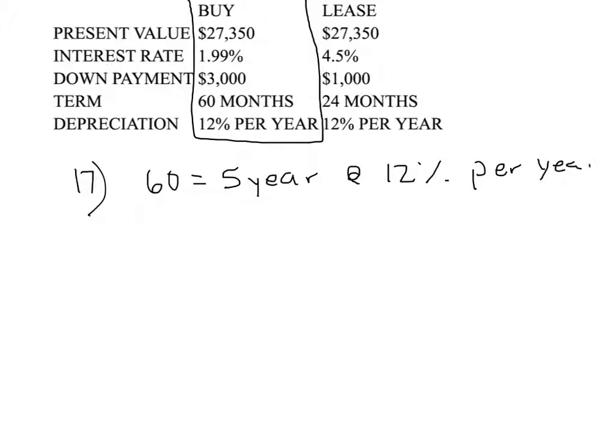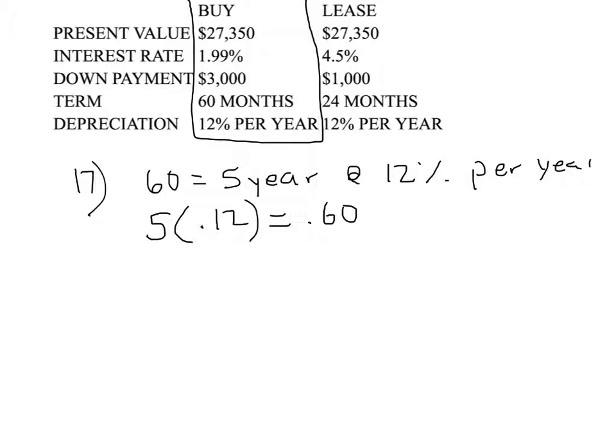Okay, so if that's the case, what we can do is take our 5 years and multiply it by 0.12. That would be saying 12% per year for 5 years. And so therefore our total depreciation on this vehicle over the 5 years is going to be 60%.